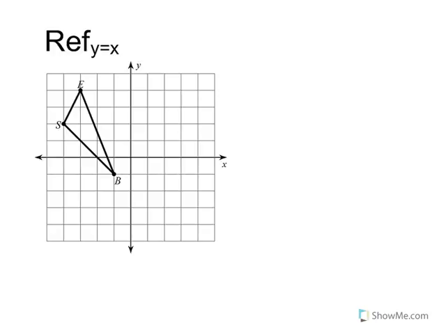Okay, so we'll do an example of reflecting this shape over the line y equals x. So just so you can see what the line is that you're reflecting over. It's about that. That's the line y equals x. We want our shape to go on the other side of it.